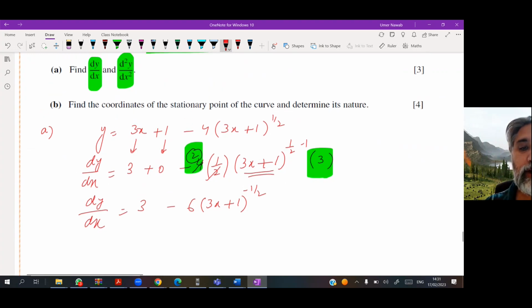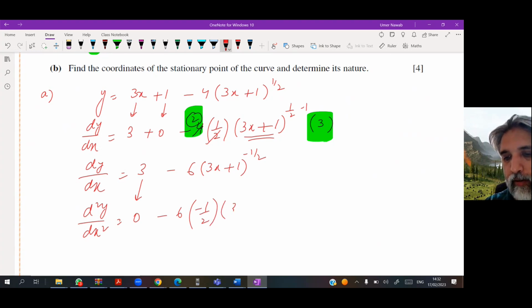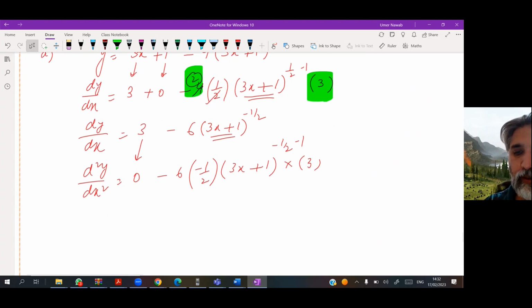Since the examiner requires the second derivative from you also, I'm going to take the second derivative. The derivative of 3 is 0, minus 6 as it is, minus half goes back. Chain rule, we need to apply minus half minus 1 for the derivative of 3x + 1, which is 3. I'm going to cancel 2 with the 6, it gives you 3.